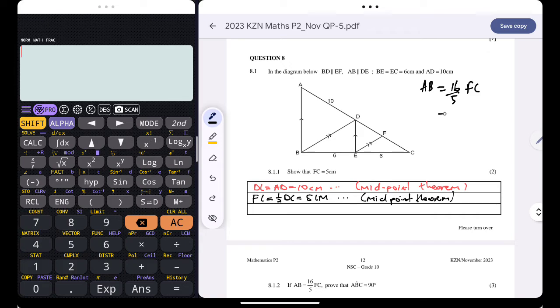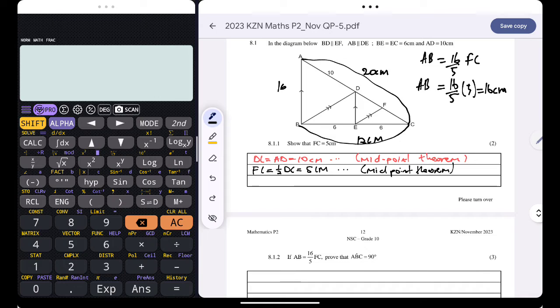So basically they're telling us that AB is equal to 16 over 5 times 5, which is just 16 centimeters. Are you together? So AB is 16 centimeters. The length of BC is 12 centimeters, and then that length over there is 20 centimeters. Are you together?